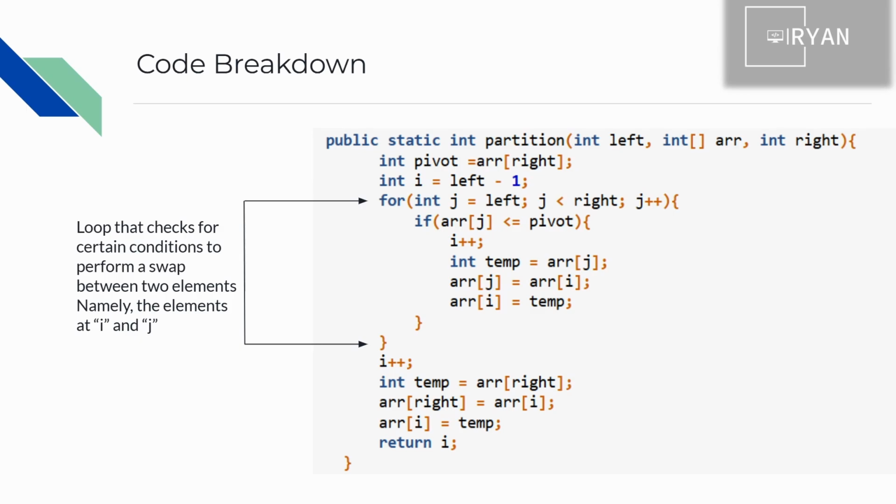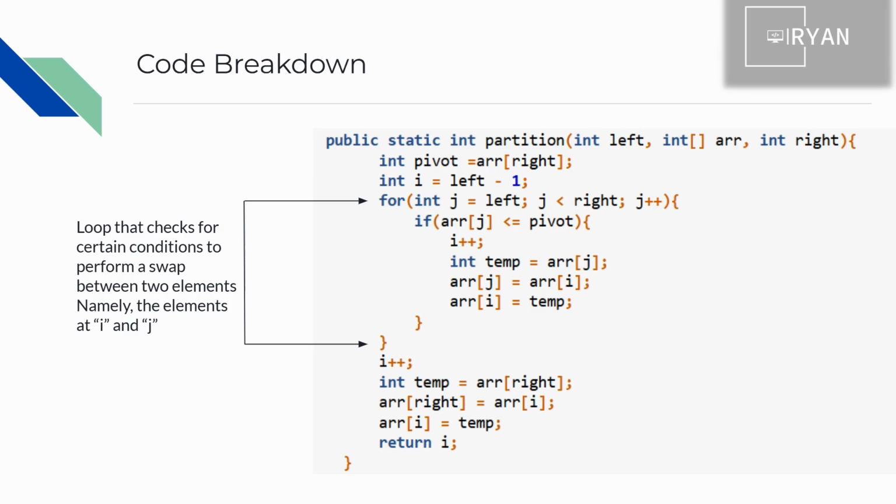So left would be the starting point and right would be our ending point of this current sorting section. During that portion or partition, whatever you may call it, we will check for certain conditions. If it matches the conditions, we will perform a swap.